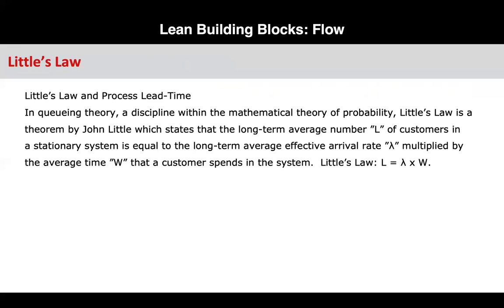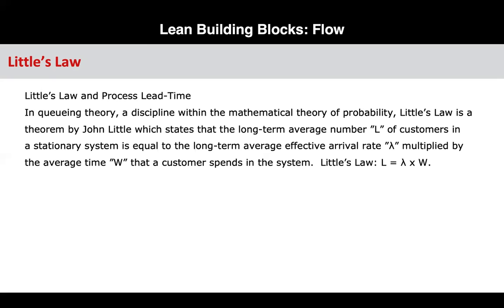A lot of times, Little's Law is identified as queuing theory, a discipline within the mathematical theory of probability. Little's Law is a theorem by John Little, which states that the long-term average number of customers in a stationary system is equal to the long-term average effective arrival rate multiplied by the average time that a customer spends in the system.